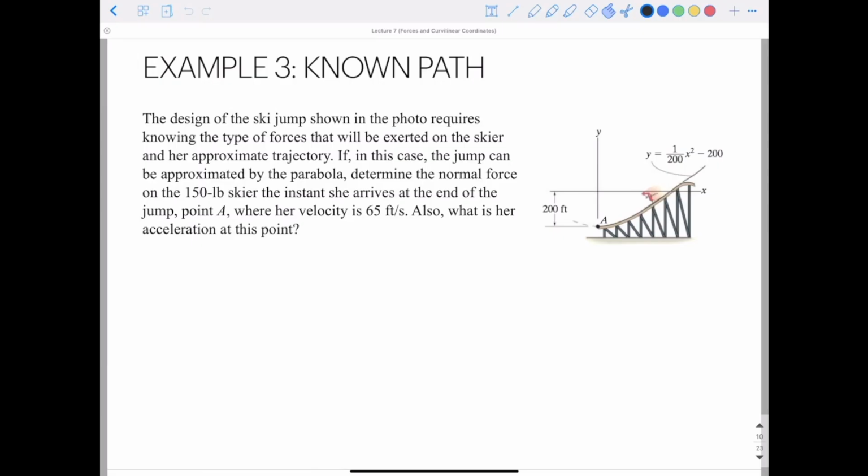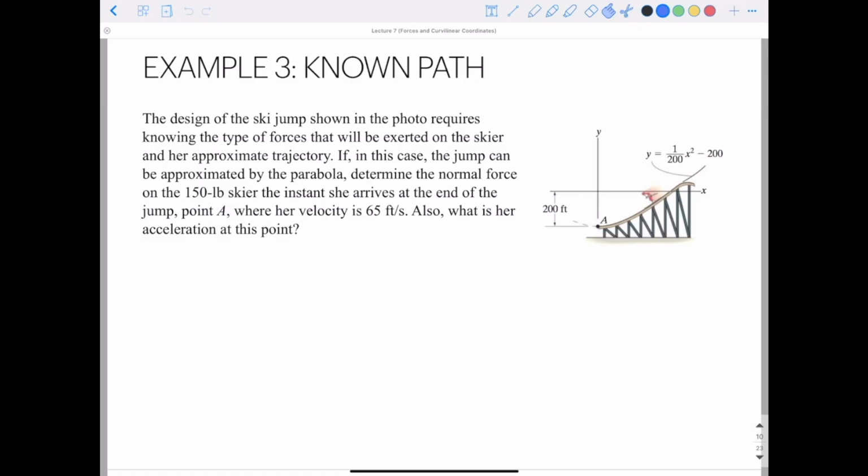In this case, the jump can be approximated by a parabola. Determine the normal force on the 150-pound skier the instant she arrives at the end of the jump, point A, where her velocity is 65 feet per second. And it also asks, what is her acceleration at this point?